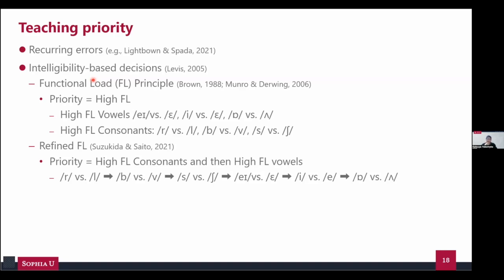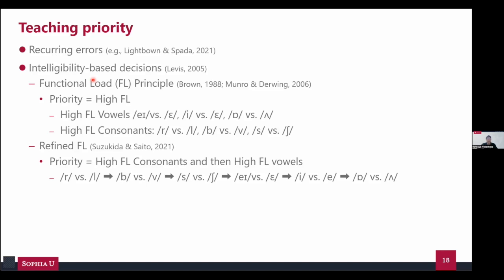But intelligibility-based decisions means that no matter how difficult it is, whether you understand the learner's speech is an important aspect. So based on Lewis and other researchers also, the intelligibility-based decisions should be made when we decide which pronunciation features to teach. And when you do that, actually the functional load principle can work.